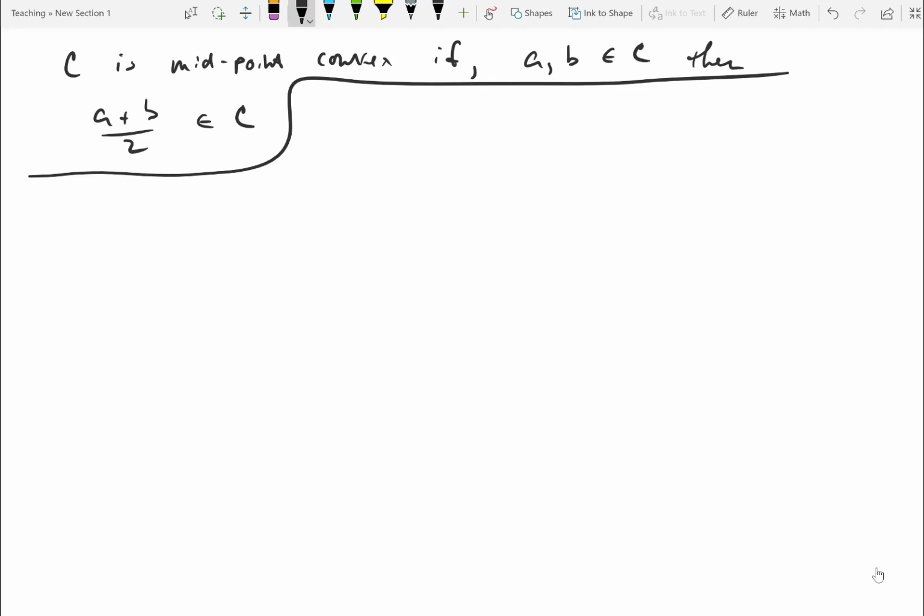Okay, so first of all, let's write our definition of convexity. What we want to do is show that theta x plus 1 minus theta y is an element of C for all theta on the interval 0, 1. That's just our definition of convexity.